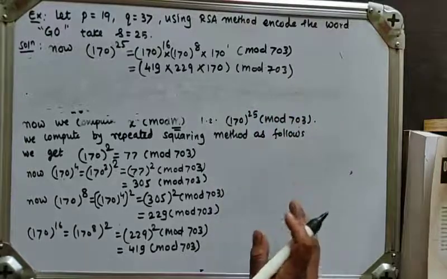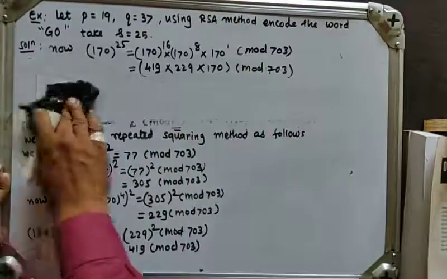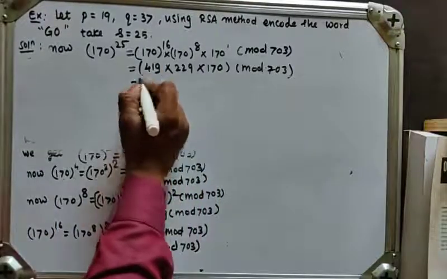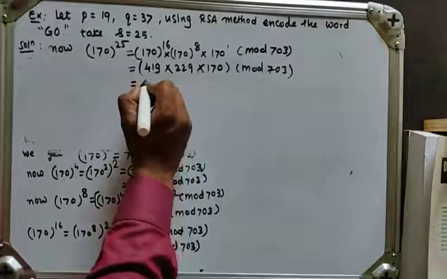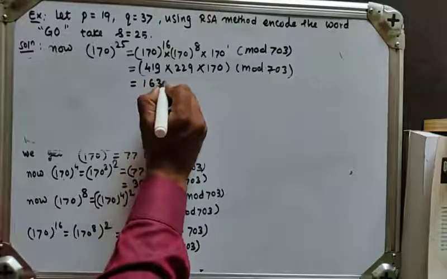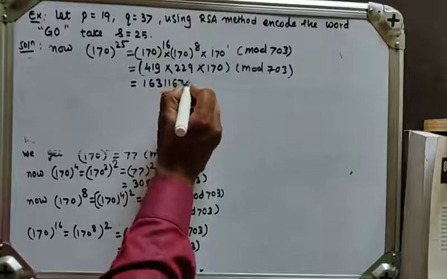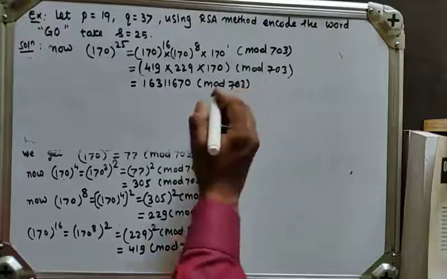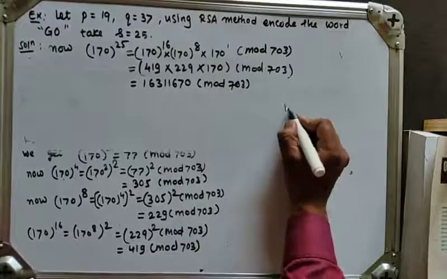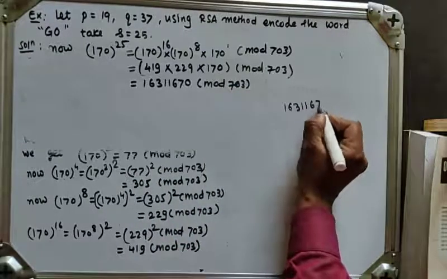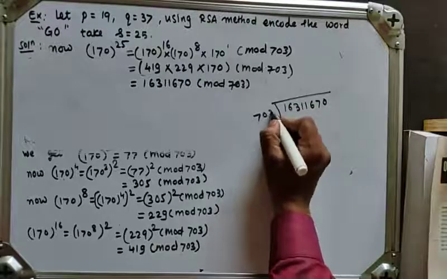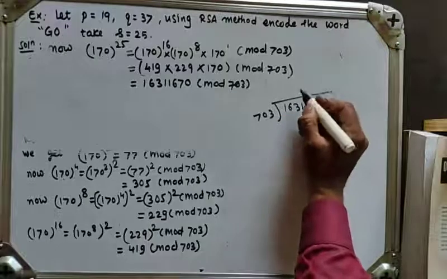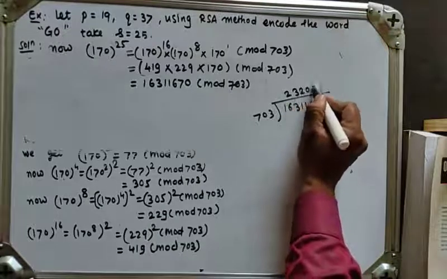So after taking the product, we get 1631160, and the modulo operation is 703. We divide this number by 703. The quotient is 23202.